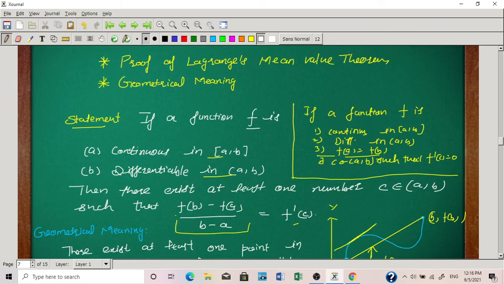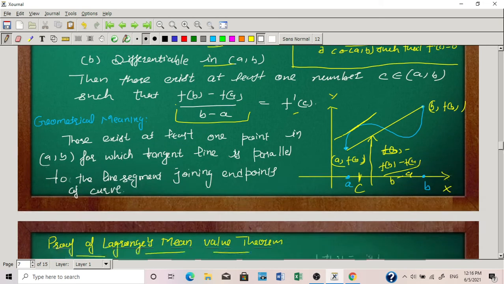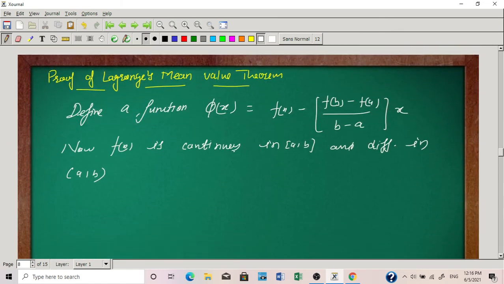So f(x) is continuous, and the second part of this function is simply a constant multiple of the function x, and we know that x is the identity function and it is continuous and differentiable everywhere.